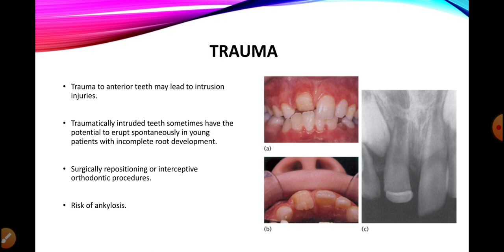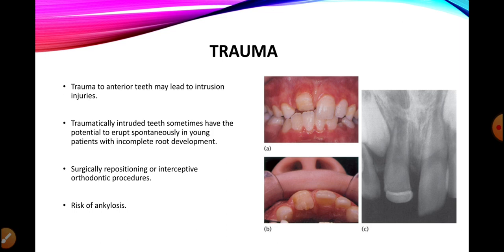But if the root apex is closed, or the tooth is avulsed and has to be cemented again, there are chances that ankylosis may establish. In case of ankylosis, there is a lack of vertical development of the dentoalveolar complex in that area, which leads to a vertical defect and hence an anterior open bite.